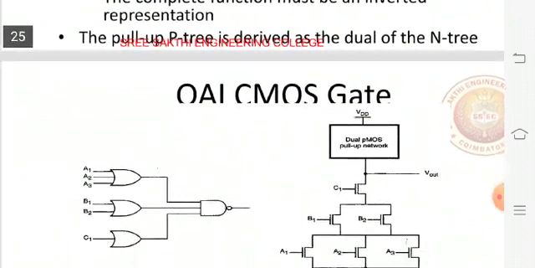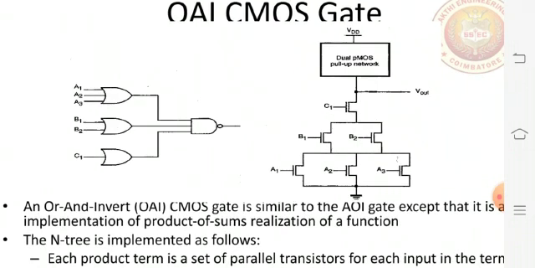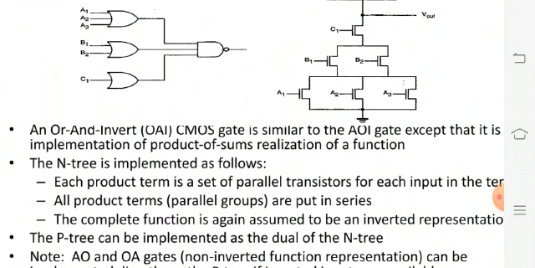Next one is the OR-AND-inverter (OAI) CMOS gate. Just as we obtained AOI, similarly we can obtain OAI. This can be drawn here. You can see the first one is OR, next is AND, and we have a bubble that indicates the inverter. Here each sum term is a set of transistors, one for each input in the term.